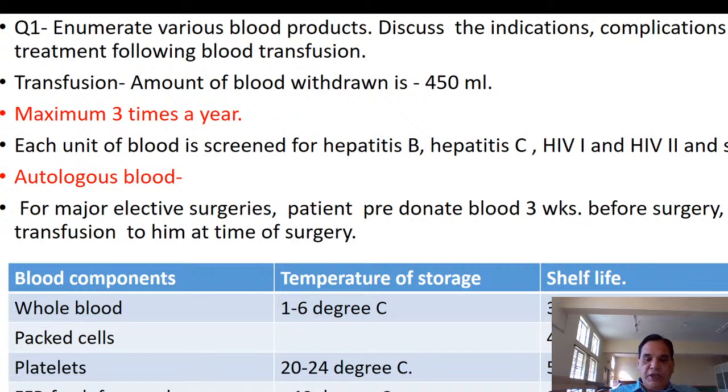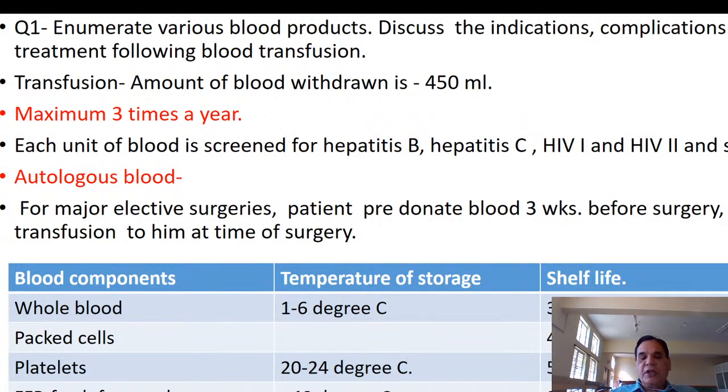Platelets have a very short shelf life, only 5 days, but they have to be stored at 20 to 25 degrees centigrade, that means almost at room temperature. FFP, fresh frozen plasma, is stored at minus 40 degrees, and this can remain for 2 years. Cryoprecipitate is stored at minus 30 degrees for 2 years.